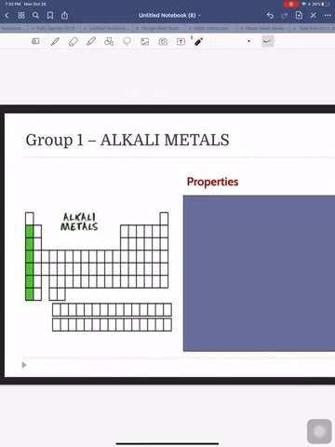We're going to learn trends that happen as you move up and down the periodic table and as you move left and right across it. What row, or period, an element is on is going to establish a relationship between every other element on that row. They're all going to have something in common because they're on the same period. It's much more general, honestly very important, but a lot more general.